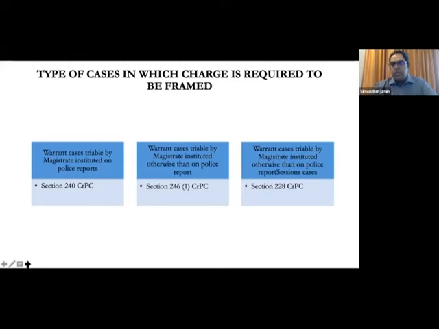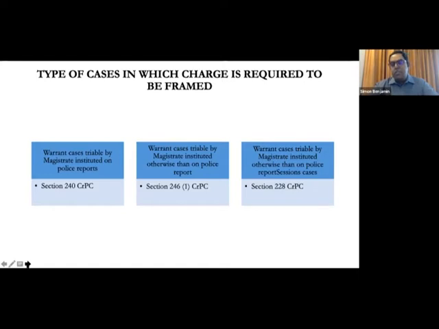Why? Because there are three stages for them to lead evidence. There's a pre-summoning evidence at the stage of 200 when they come forward to the court for the very first time. They also have to lead evidence at the stage of charge. There's a pre-charge evidence where the accused person gets an opportunity to cross-examine, because the accused is already present before the court at that stage, and finally at the stage of complainant evidence.